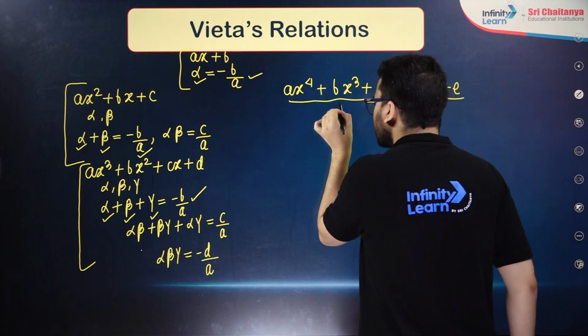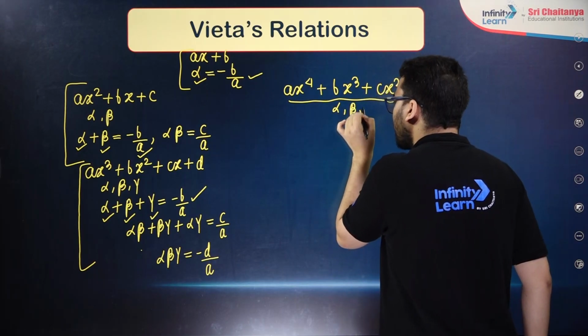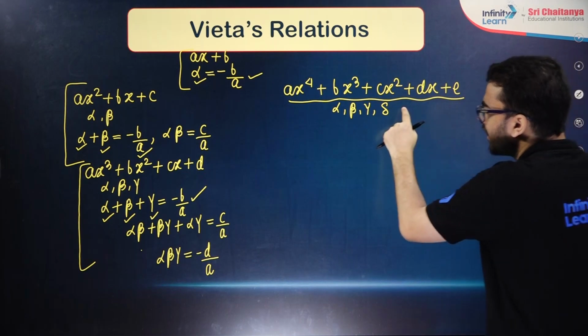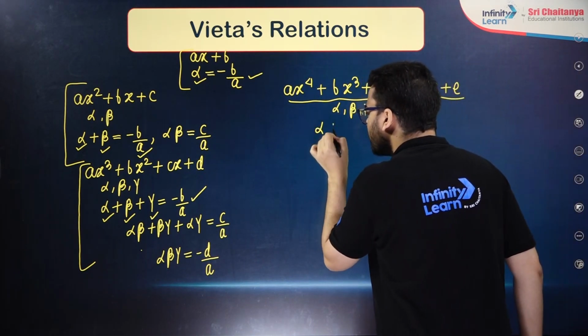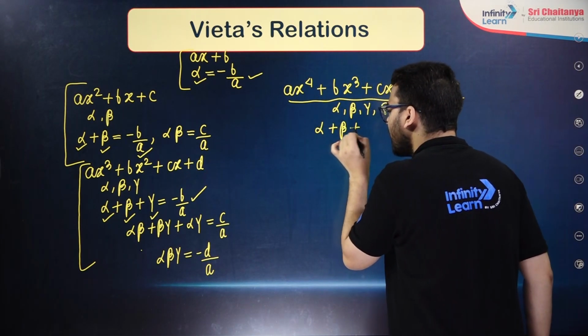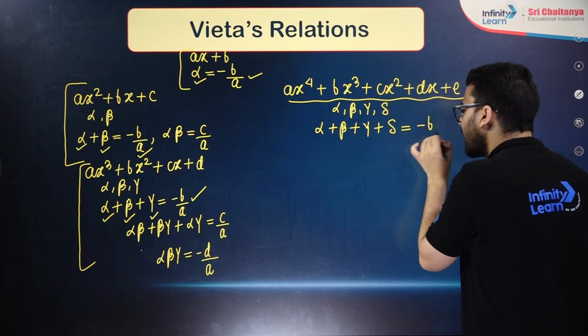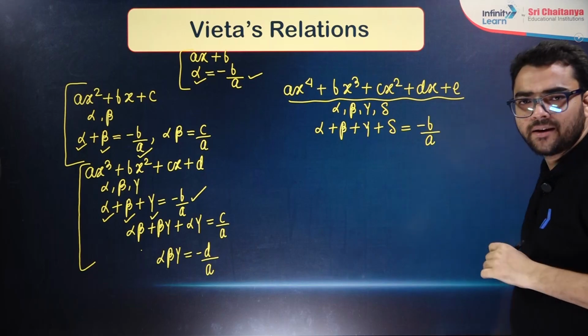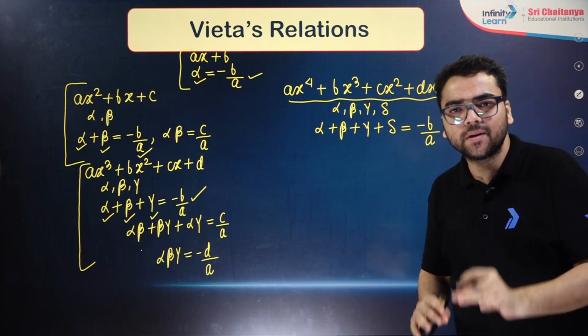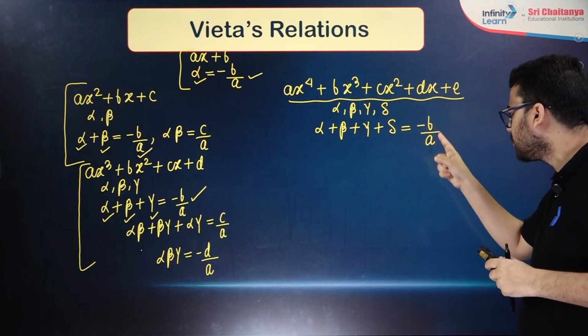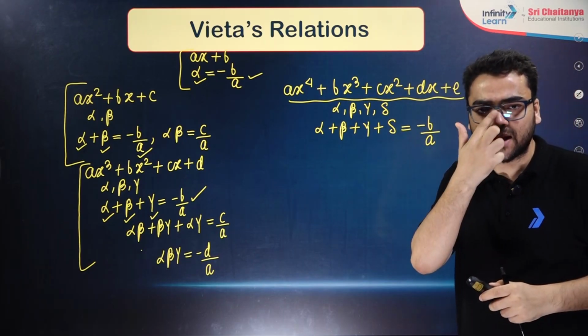Now suppose the zeros are alpha, beta, gamma, delta. Again, if you take one zero at one time, that is alpha, beta, gamma, delta, the sum will be minus b by a. Whatever may be the degree of the polynomial, if you take one zero at one time, it is going to be minus b by a every time.